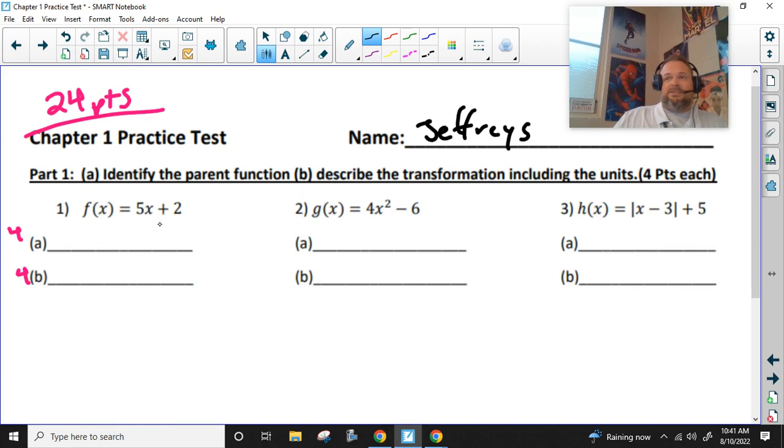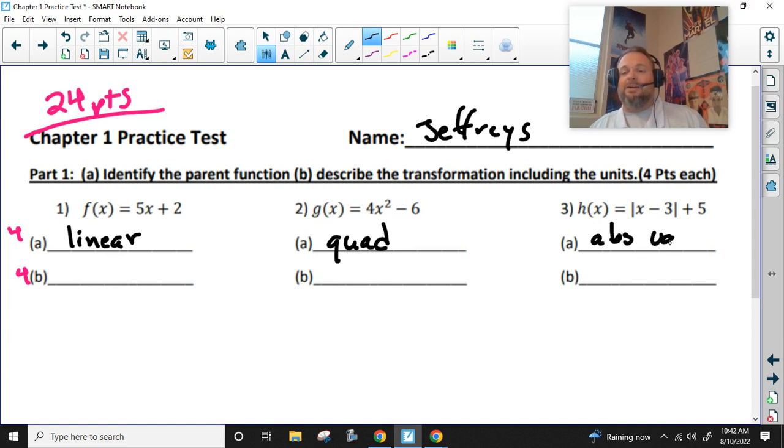So, number one, what type of function is this? Linear. What about number two and number three? Now remember, there are telltale signs to see which one is which.